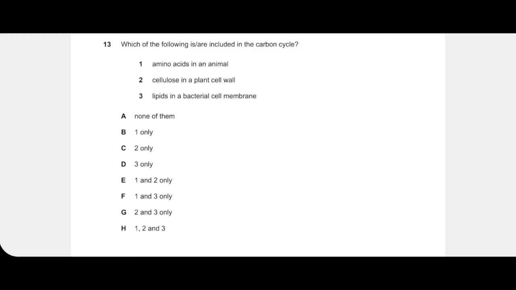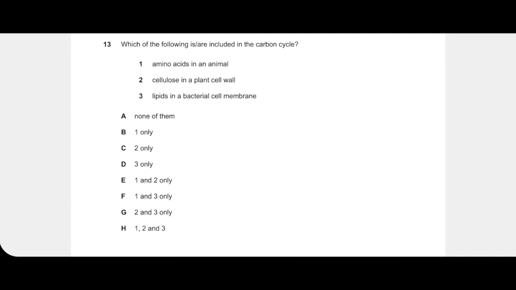Question number 13. Which of the following is/are included in the carbon cycle? Statement number 1, amino acids in animals. Statement number 2, cellulose in plant cell walls. And statement number 3, lipids in bacterial cell membrane.